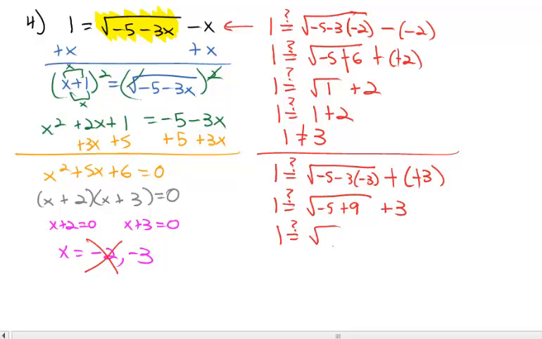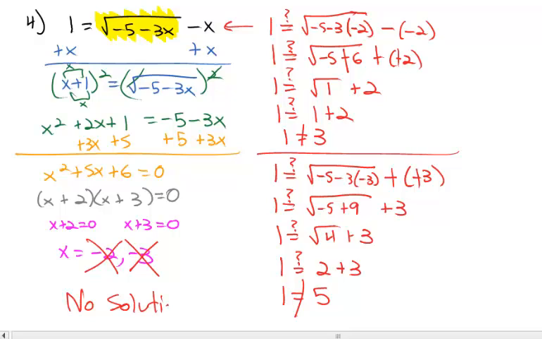So we hope the square root of negative 5 plus 9, or 4, plus 3 equals 1. But again, you can see it coming. 2 plus 3 certainly is not equal to 1. It is 5. So the negative 3 is thrown out as well. Turns out this problem also has no solution.